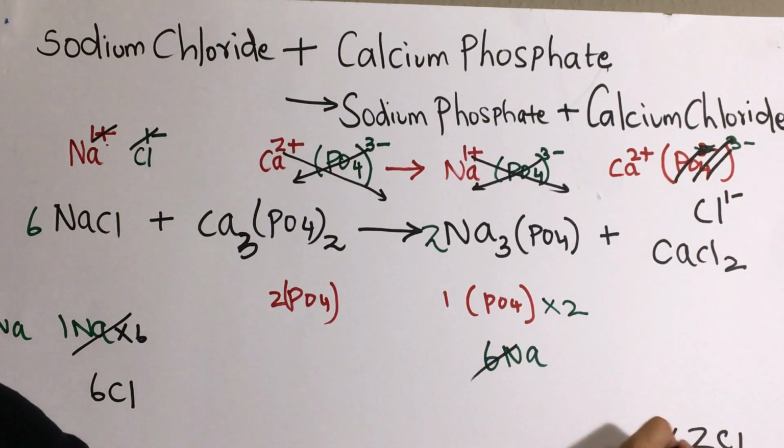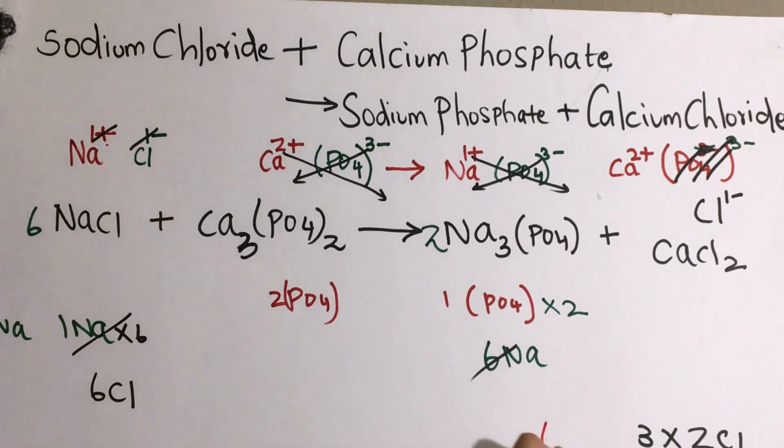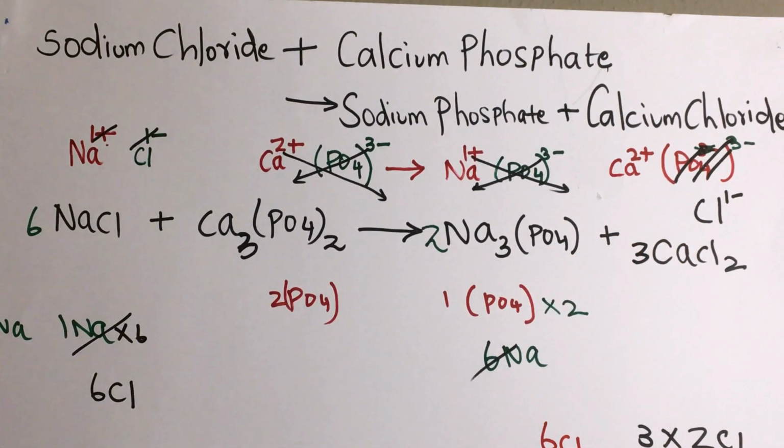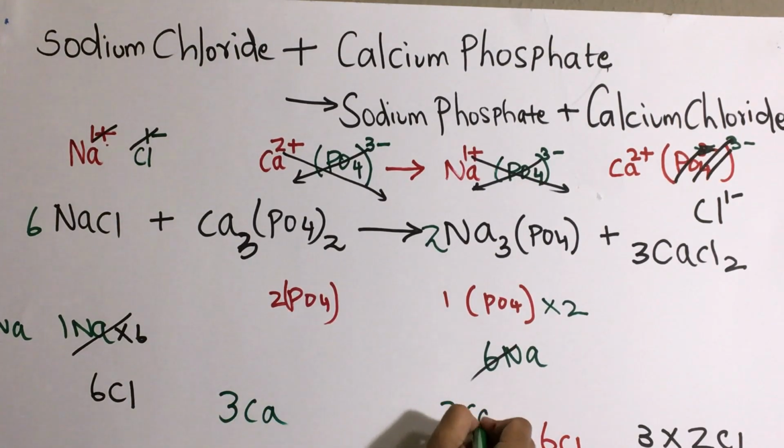So we multiply by 3, which would give us a net count of 6 Cls. So we will put a 3 here. Now if you notice, our calcium is tallied. We have 3 calcium on both sides. And that's how you balance this equation.